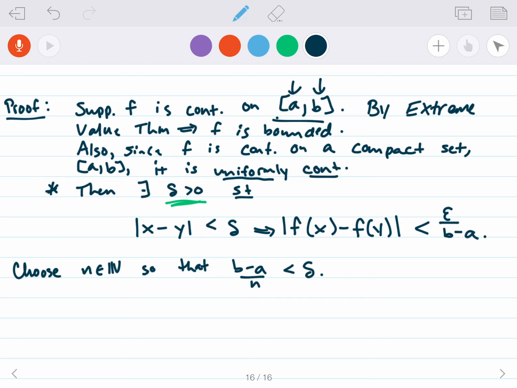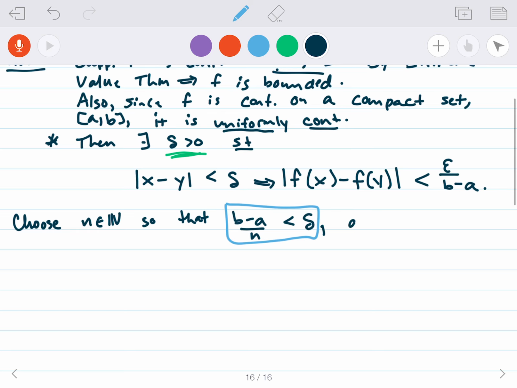It's going to become clear why we're doing this, but the point is that we can make n large enough so that this whole thing is smaller than any positive number. We can make this arbitrarily close to 0, as close as we want.